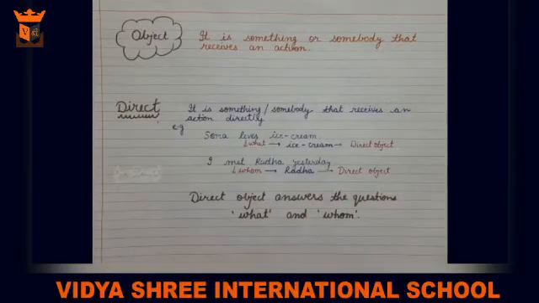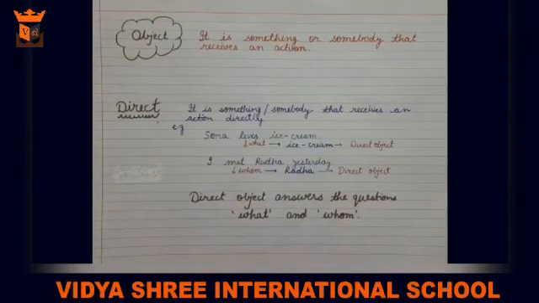So, let us revise what is an object. An object is something or somebody that receives an action. Clear? There are two types of object: direct and indirect object. What is a direct object?